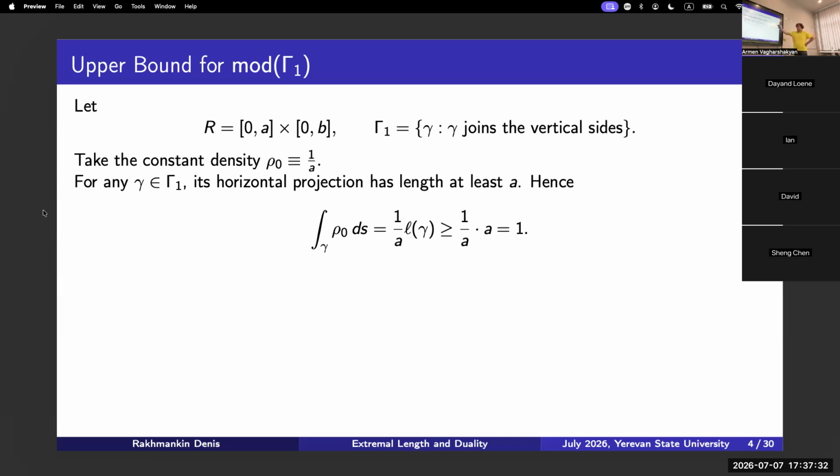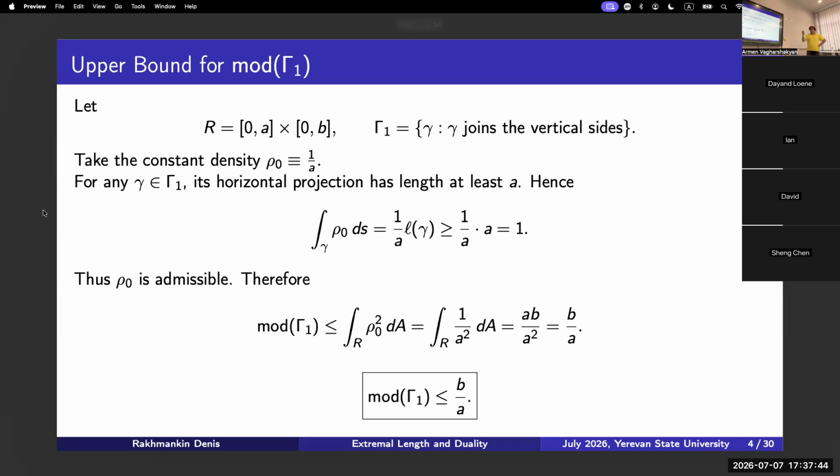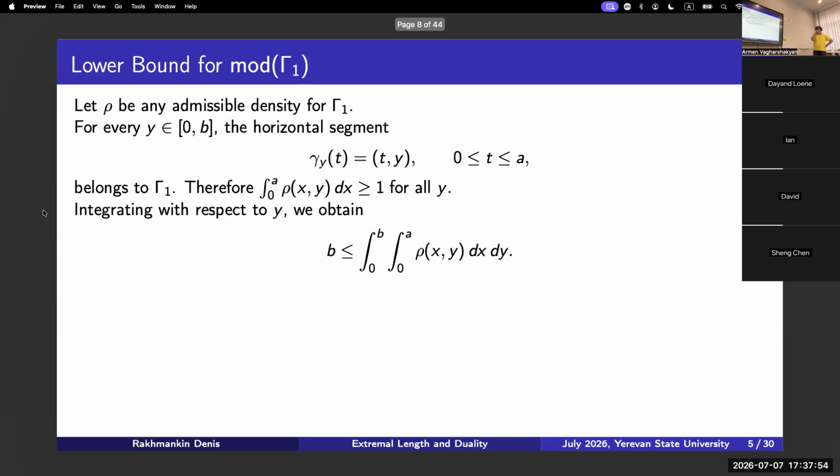Let's first prove this is admissible. For every gamma, the horizontal projection is at least a, so when we calculate the integral, we get at least 1. Let's calculate the energy in the same way. Nothing special, and we get an upper bound for our modulus.